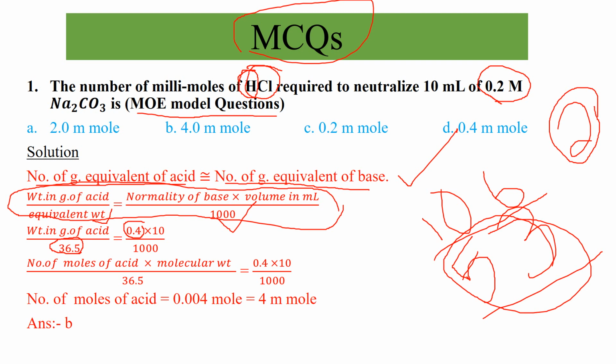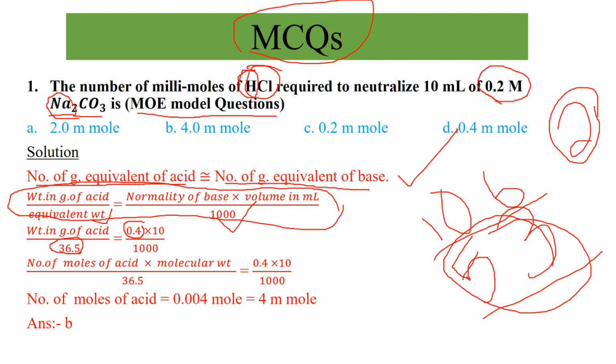We have already discussed the calculation of equivalent weight of a salt, that is molecular weight divided by total charge. How many charges are present? Sodium has only one positive charge, then 2 into 1 positive charge means 2. That is either total charge in cation or total charge in anion.